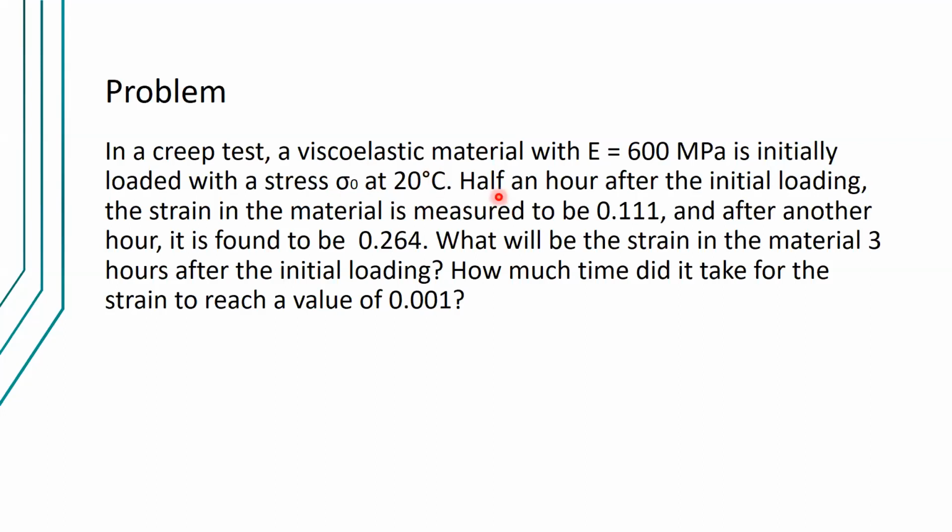Half an hour later, the strain in the material is measured to be 0.111, and another hour later, it's found to be 0.264. What will be the strain in the material 3 hours after the initial loading? And how much time did it take for the strain to reach a value of 0.001?